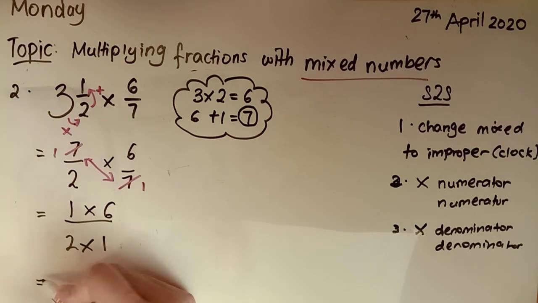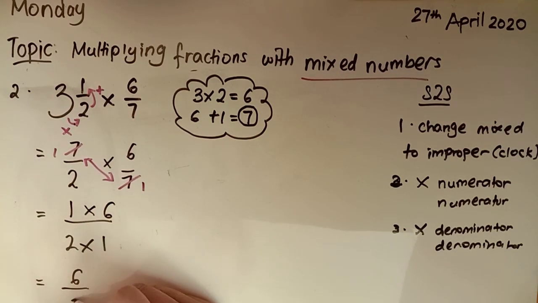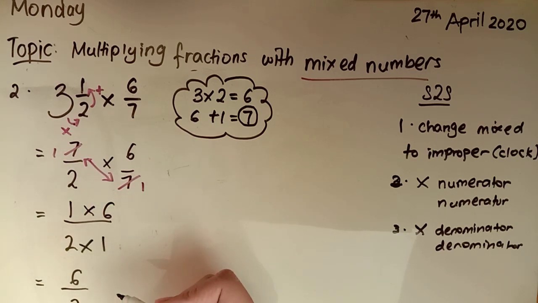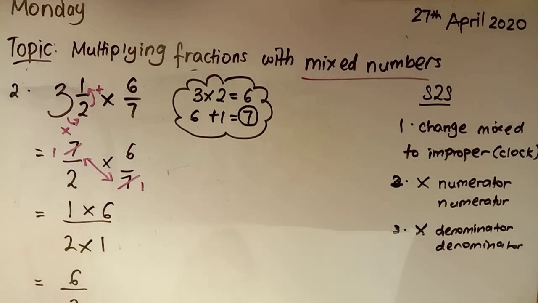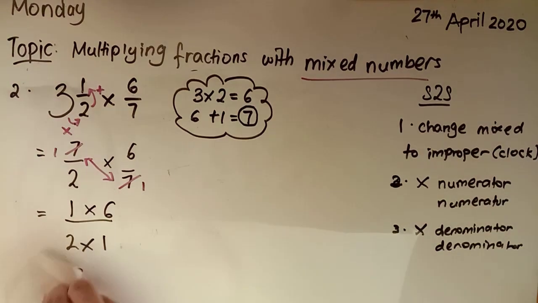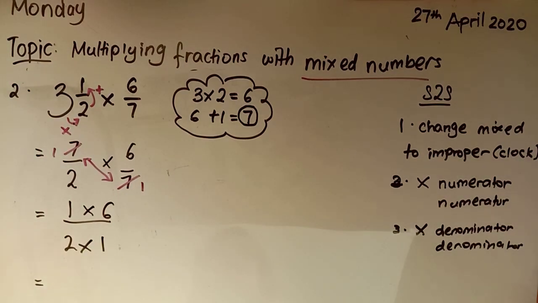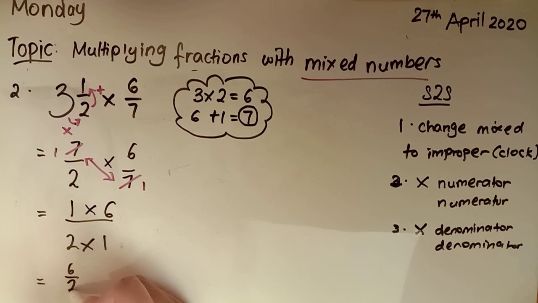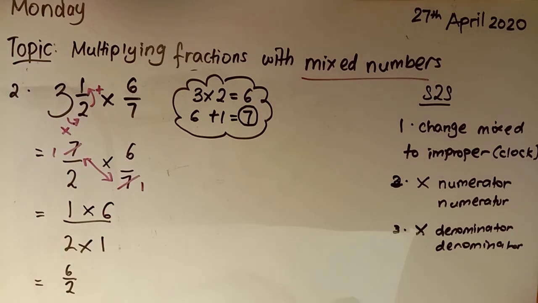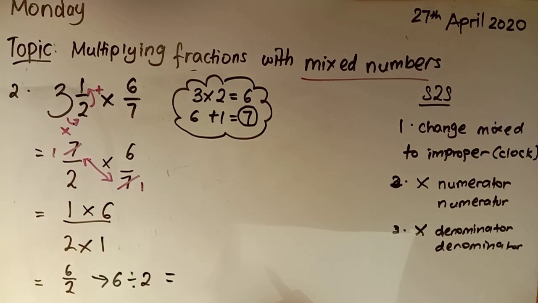Okay, which is still the same. 1 times 6 is 6. 2 times 1 is 2. Okay, so 6 over 2. Let me write it down atas lagi sikit supaya kamu nampak. 6 over 2. Can you simplify? Of course you can. This means 6 divided by 2. Answer? 3. Okay?